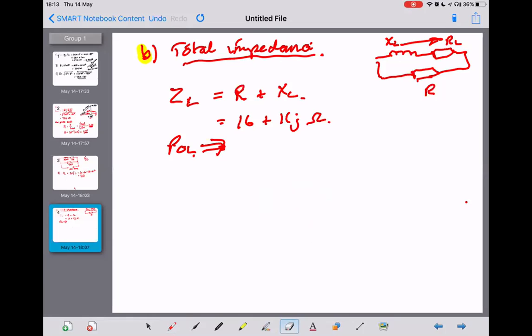So I've got 19.4 ohms, angle 34.5. So that's ZL.